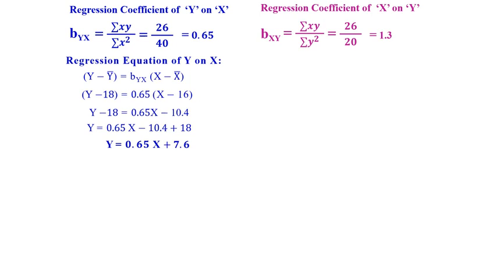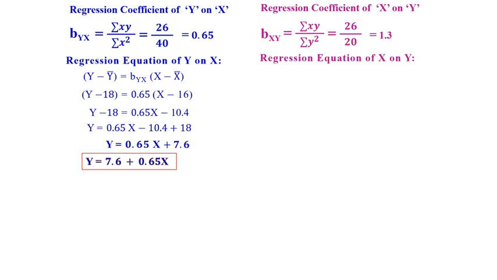We have to subtract, so the plus symbol will be taken as 18 is more. So plus 18 minus 10.4 is plus 7.6. Writing this in the formal way, y equals a plus bx form, we can write: y equals 7.6 plus 0.65x. Let us similarly construct the regression equation of x on y.